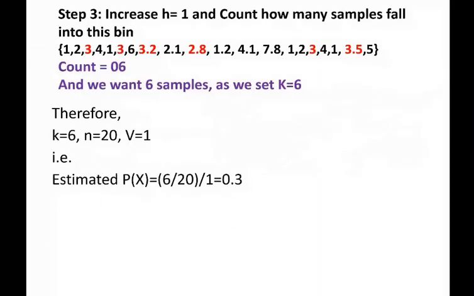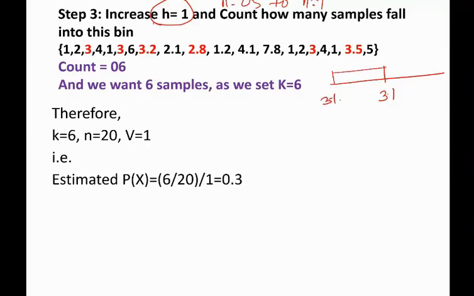Now let us say that I have increased from h equal to 0.5 to now h equal to 1. So I have taken a big window now. Then I am again in search for the count. So this was 3.1. Now this side I will go 3.1 minus 0.5, and this side I will go 3.1 plus 0.5.